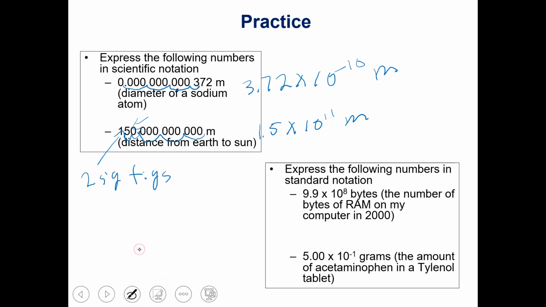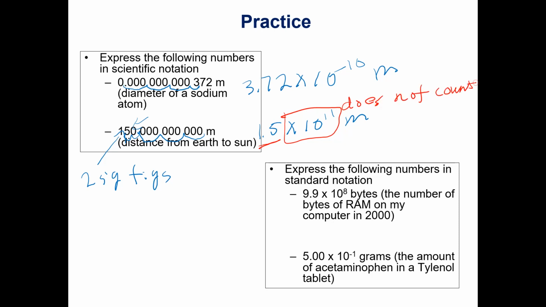Now when we count significant figures, when we're doing scientific notation, we only count the part at the beginning. This times 10 does not count for sig figs. So we're only counting the part at the beginning. 1.5 would be two significant figures.